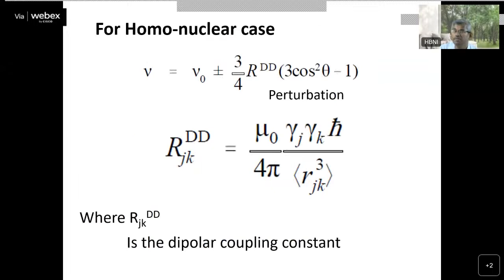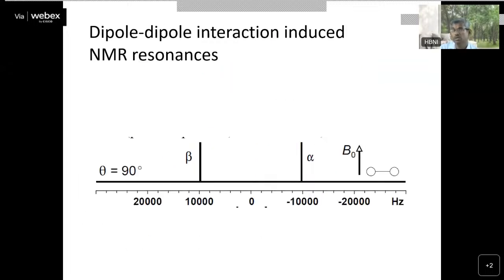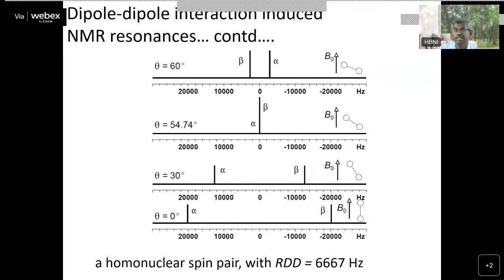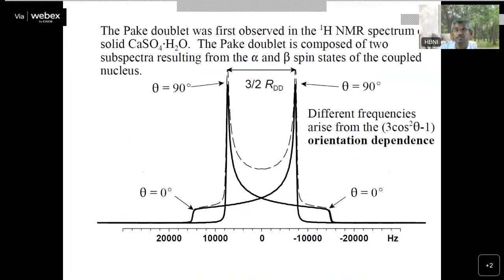So I am giving you an example of a molecule called calcium sulfate containing water. That is called CaSO4 H2O. CaSO4 H2O is a very unique molecule, because the water molecules in that calcium sulfate are non-interacting. So only the two protons of a water molecule interact because they are well separated.